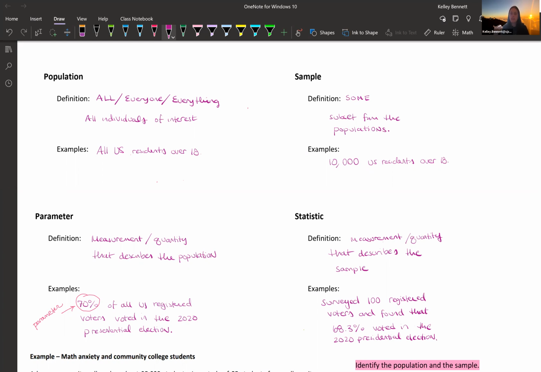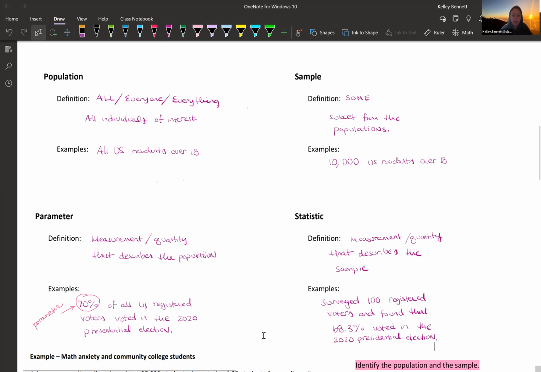And so that's kind of the idea of inferential statistics, is not having the true parameter, right? Not having the true number for my population, but getting a good sample, understanding what's going on within that sample, and then inferring or concluding or generalizing from there that probably the same thing is going on for the entire population.